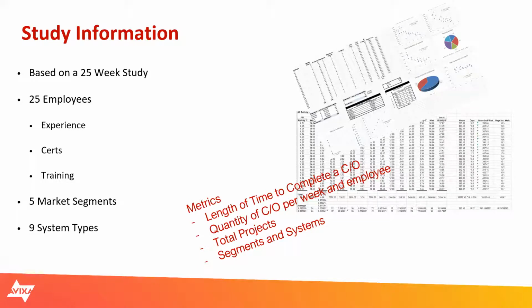So again, that was bringing down the quantity of change orders or the length of time, and comparing that to the total number of projects. What percentage of projects are resulting in a change order, and where do those change orders come from? Is it a particular segment? Is it a particular type of system? Is it a particular group of employees? So we looked at all of these things and gathered all this data about these things.